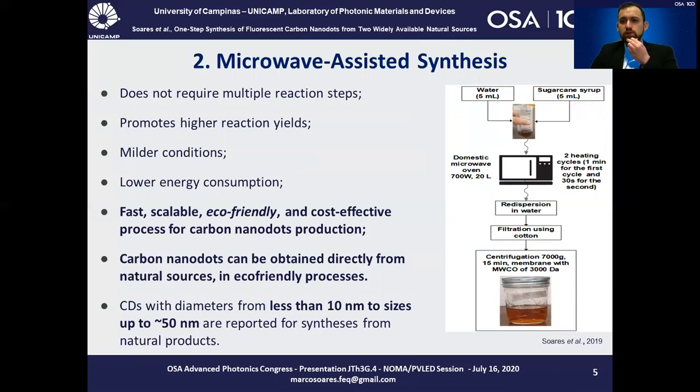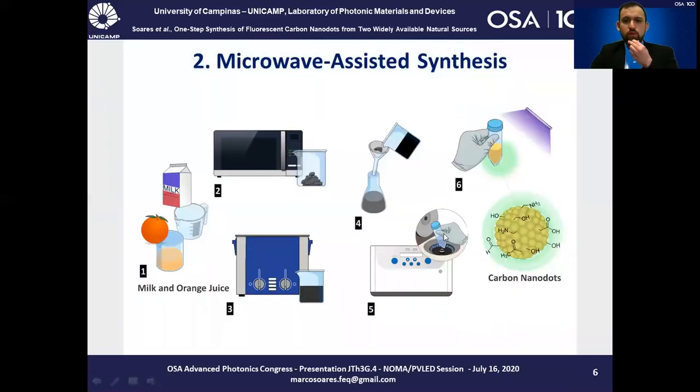This work that we are presenting here today is an adaptation of the method that we already reported for the synthesis using sugarcane syrup. That's a very widely available source in Brazil. So in this case, we use ultra high temperature (UHT) milk and orange juice.